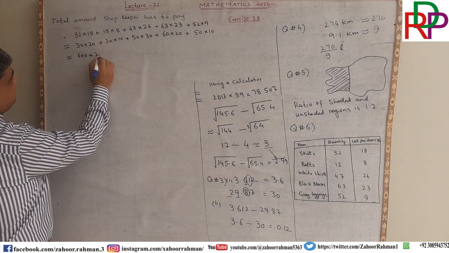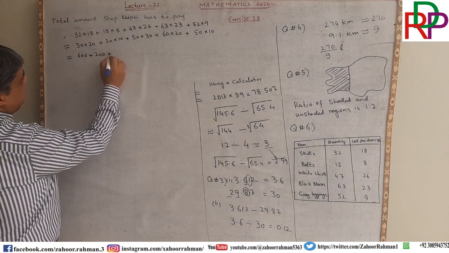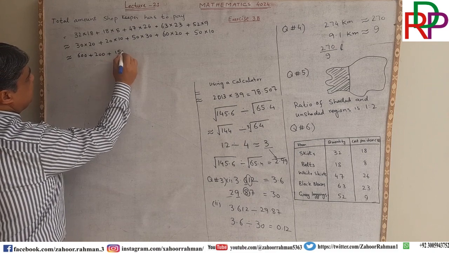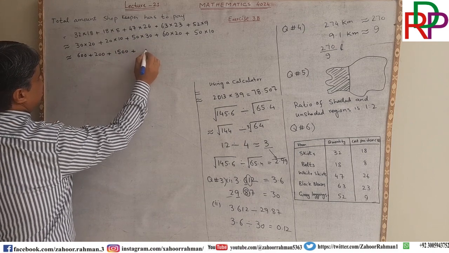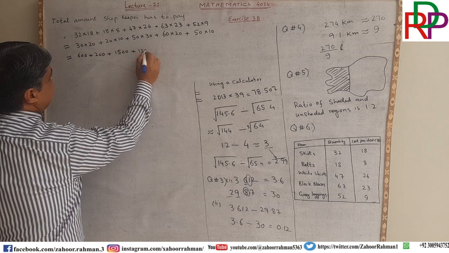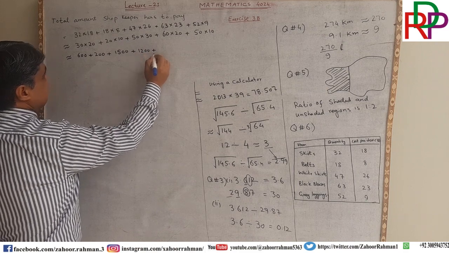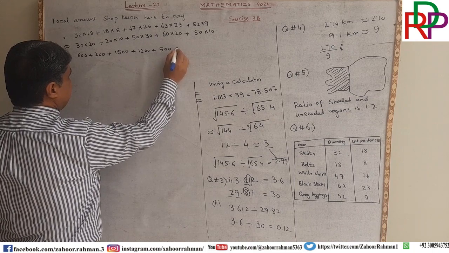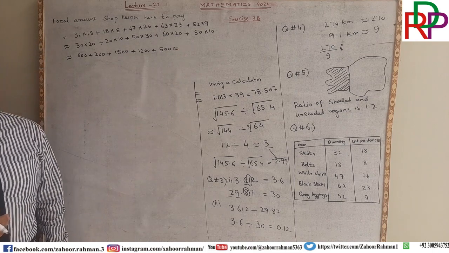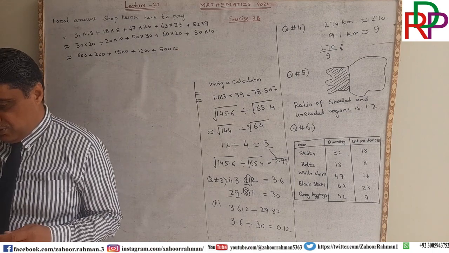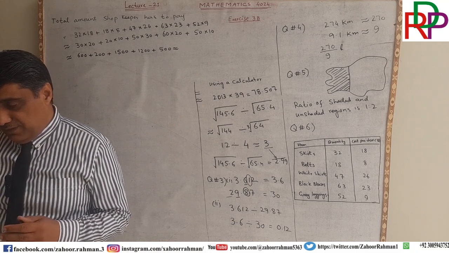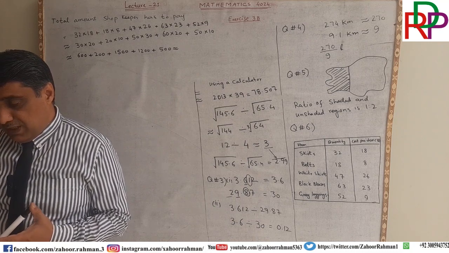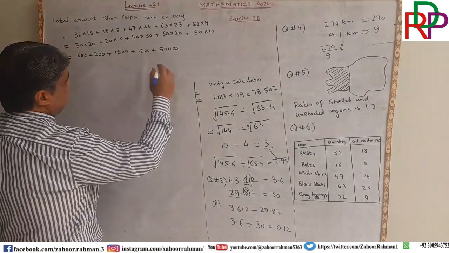Now if we multiply, this is 600 plus 200 plus 1500 plus 1200 plus 500, and when we calculate this on the calculator, we will get 4,000.